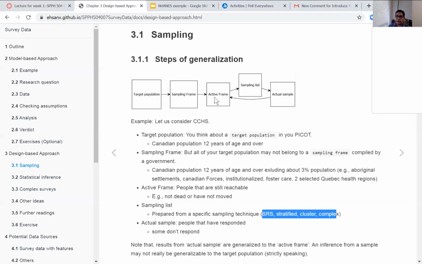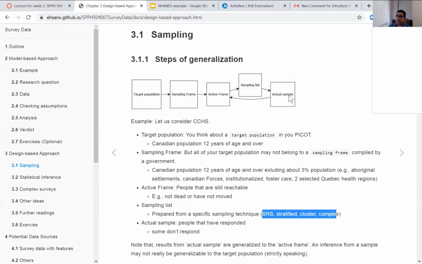And then you lose some other people who are not active. Maybe they are dead, maybe they moved out of province and things like that. And then you create a sampling list out of this active frame. And even in this list, even if you send the questionnaire, some of them cannot answer or do not answer, and you get a non-response from them, right?